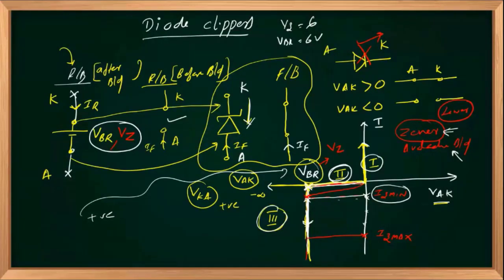Even though it is on the negative axis, we will specify it with a positive number. So a Zener diode with a VZ of 6 volts will break down if and only if its reverse bias voltage exceeds 6 volts, right? And there will be a maximum limit for IZ max. Beyond that, the diode gets damaged. So actually, the diode is operating in this region.